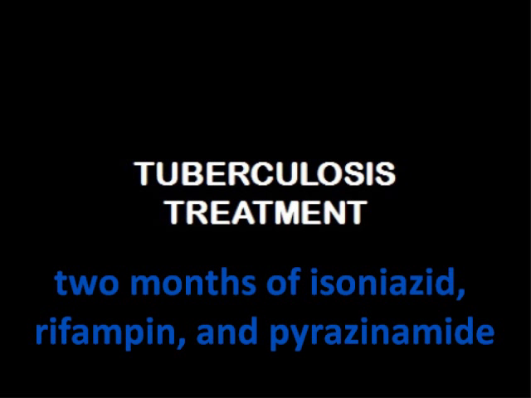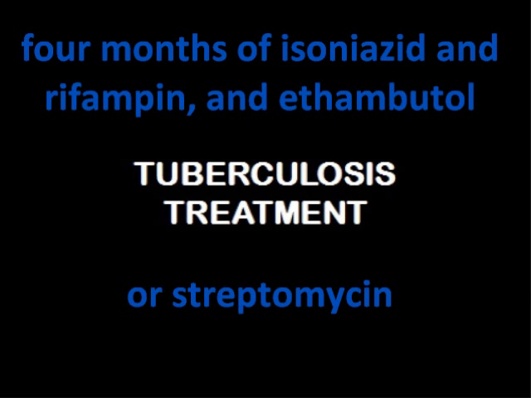Treatment. Tuberculosis treatment is usually given for 6 to 9 months. It consists of 2 months of isoniazid, rifampin, and pyrazinamide, and 4 months of isoniazid and rifampin, with ethambutol or streptomycin.